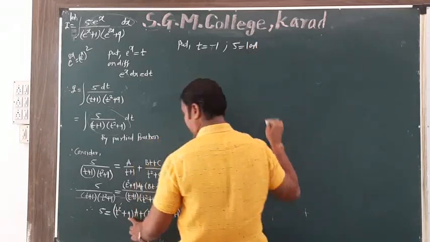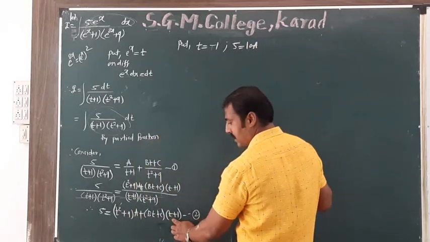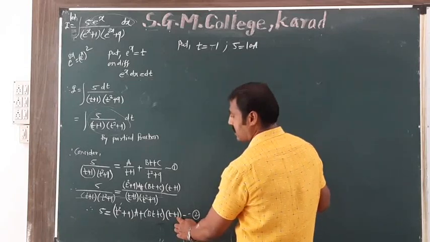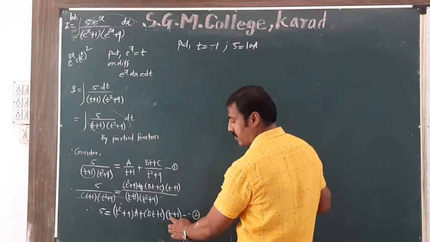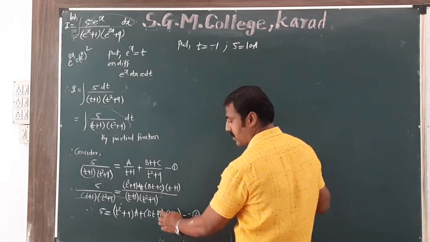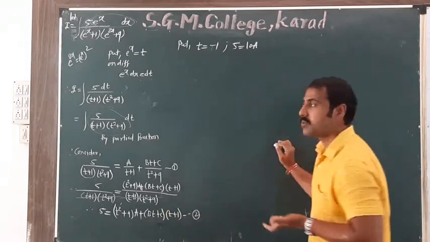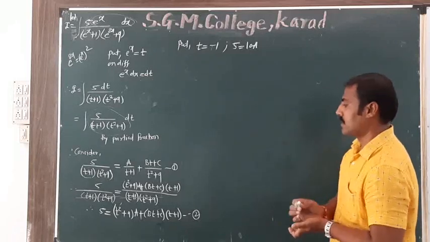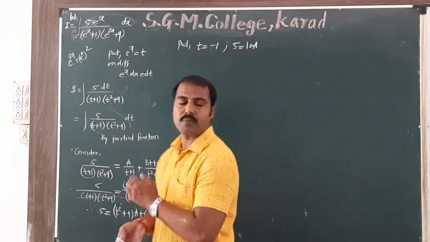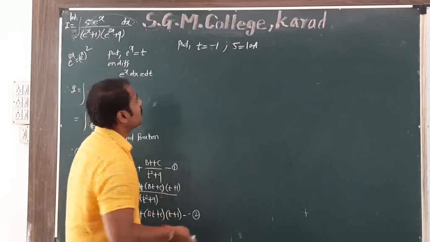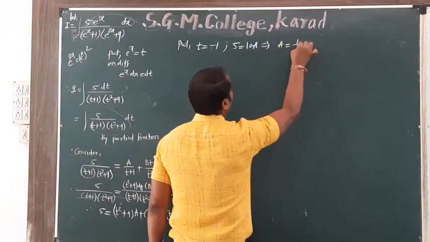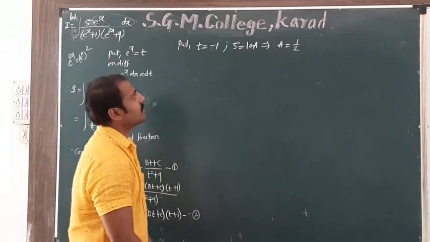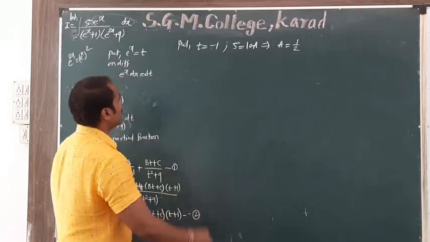Plus 1 minus 1 gets cancelled, it's 0, so 0 into that term is 0. So forget about the term bt plus c into t plus 1. From this equation we say that a is equal to 1 upon 2.